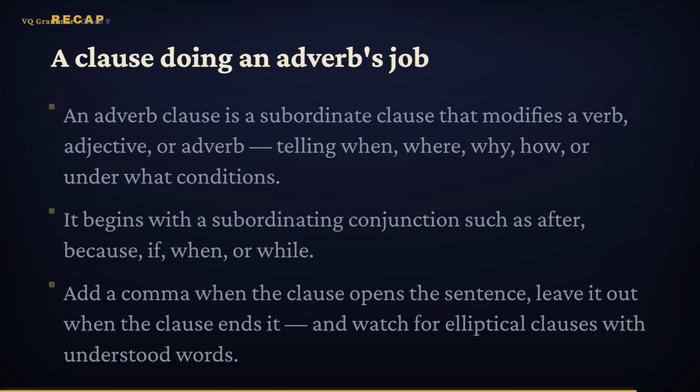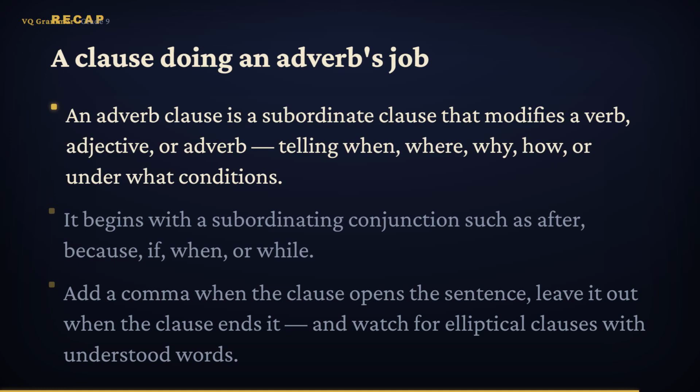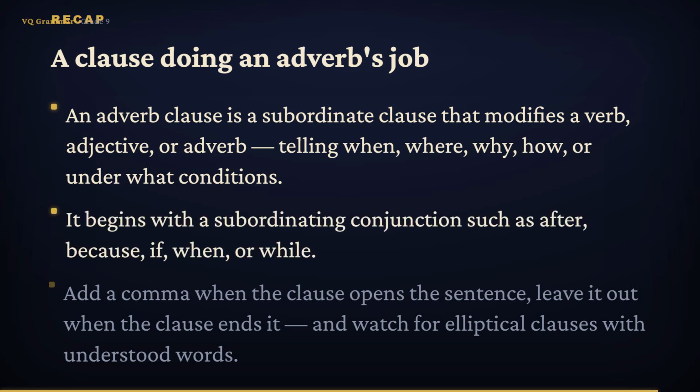Let's gather everything up. An adverb clause is a subordinate clause that does the job of an adverb. It modifies a verb, an adjective, or another adverb, telling us when, where, why, how, or under what conditions. You can spot one by its signal word, a subordinating conjunction like after, because, if, when, or while.